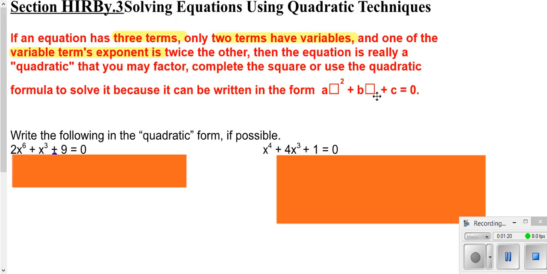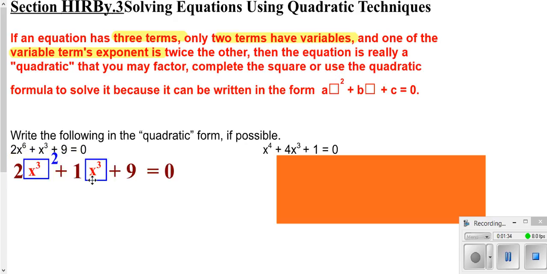The question is, what do you end up putting in your box? Well, your box is going to be the smaller of the 2 exponents, which is a cube. So we're going to write it as a 2, and then an x cubed, all squared, plus a 1, x cubed, plus 9.